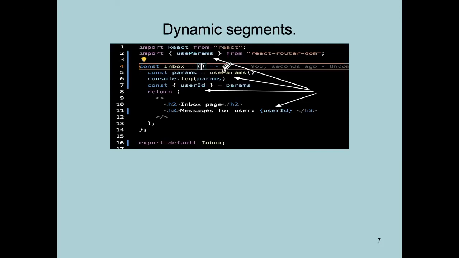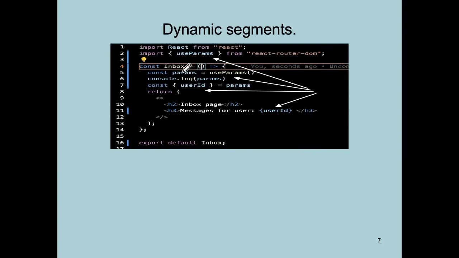Well, useParams doesn't. It just returns a single value, if you like. There's no sense of having a setter method because we don't want to be able to set the parameter value from within a component. And I'm just doing a console.log of it as confirmation, I suppose.